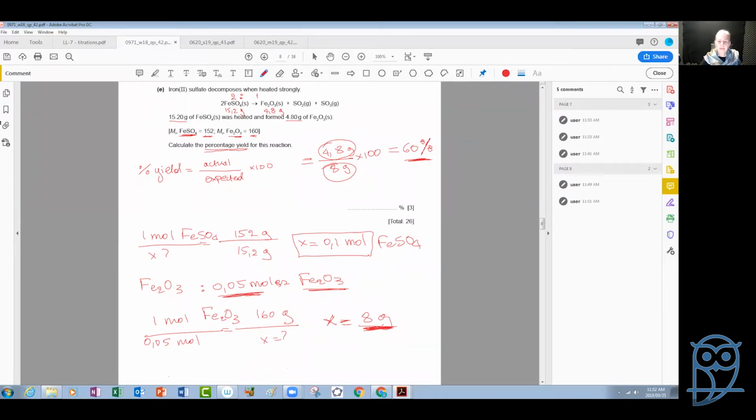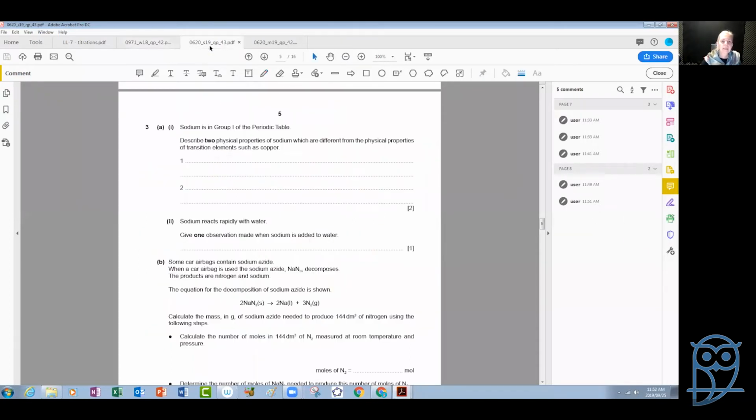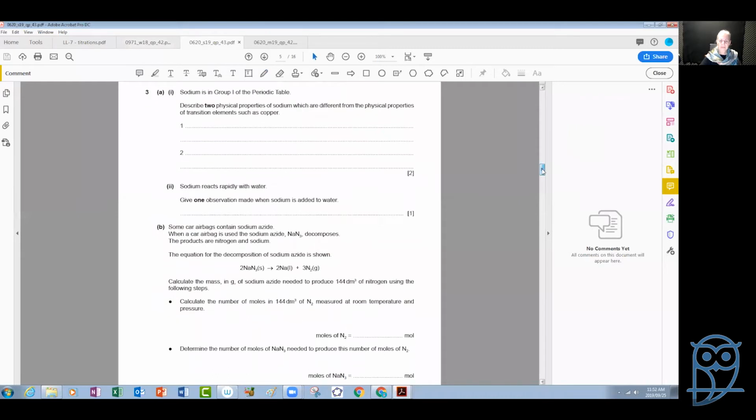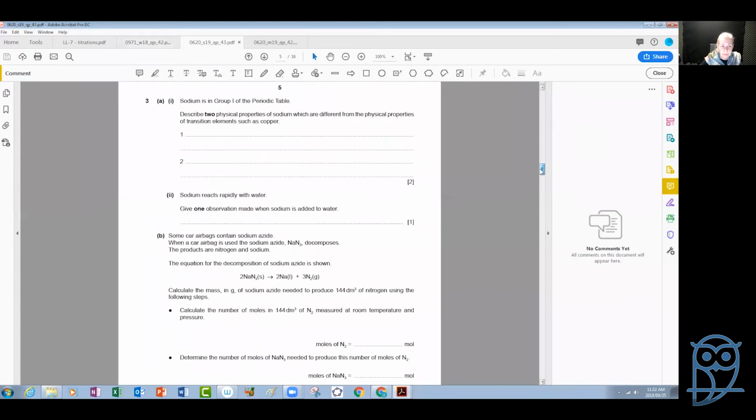Okay, let's open another question. Let's do this one. As you can see, this type of questions are mixed with questions from other sections, not necessarily with calculations or titrations or concentrations.